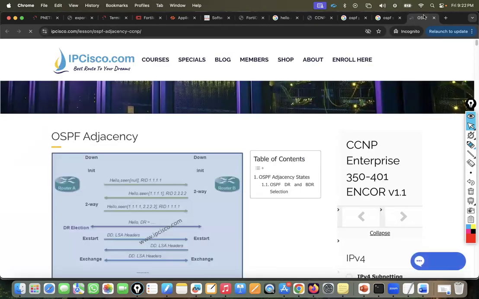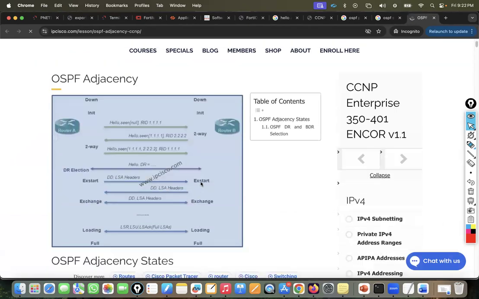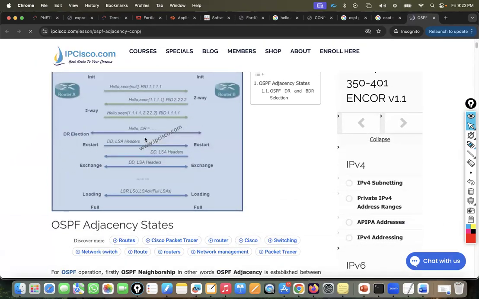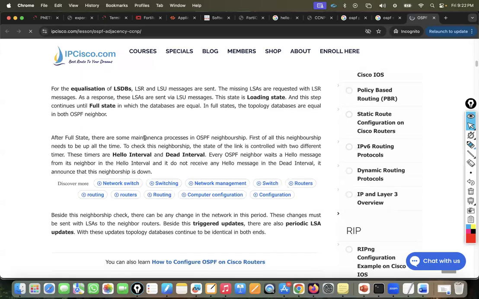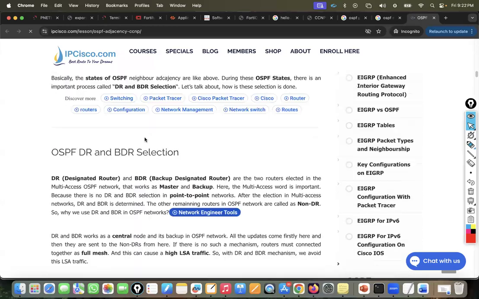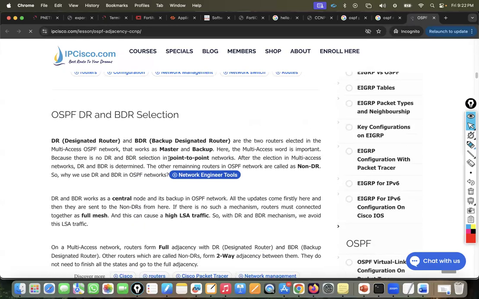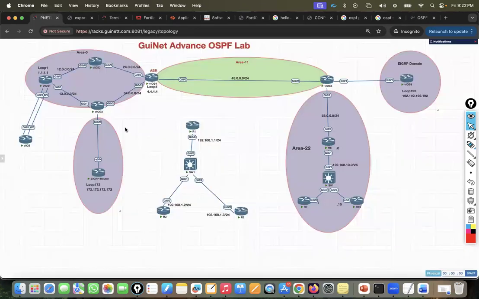Here they are also talking about the DR BDR election process. There is no DR BDR in a point-to-point network. So DR BDR only happens in your broadcast or multi-access network. If you have serial links, there is no DR BDR.